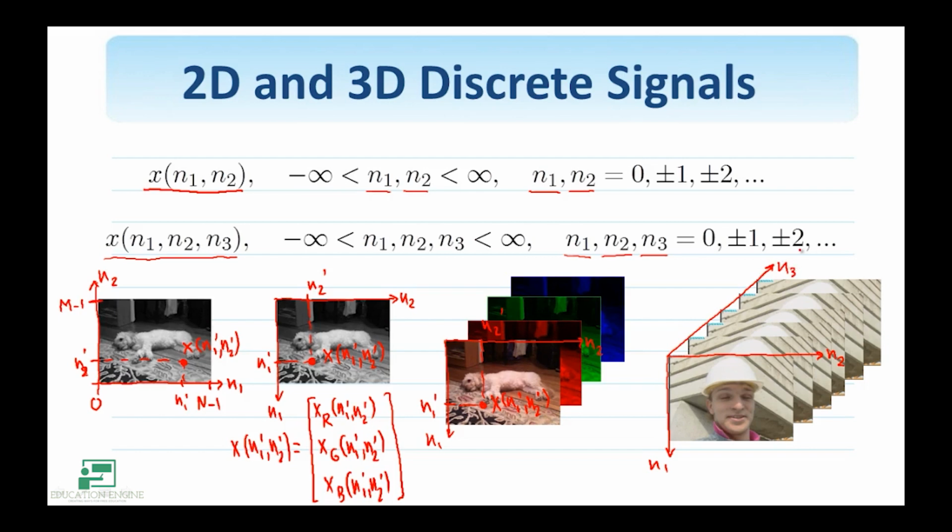It represents discrete values of the time domain. And now x(n1 prime, n2 prime, n3 prime) would be a pixel. Let's say if n3 prime is here, it will be a pixel in this frame with the other 2 coordinates, n1 prime and n2 prime. It's a bit hard to exactly represent in this case, but you do get the idea.